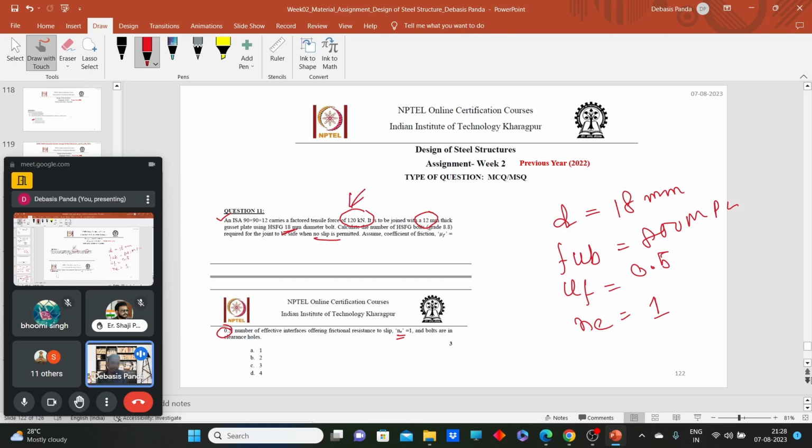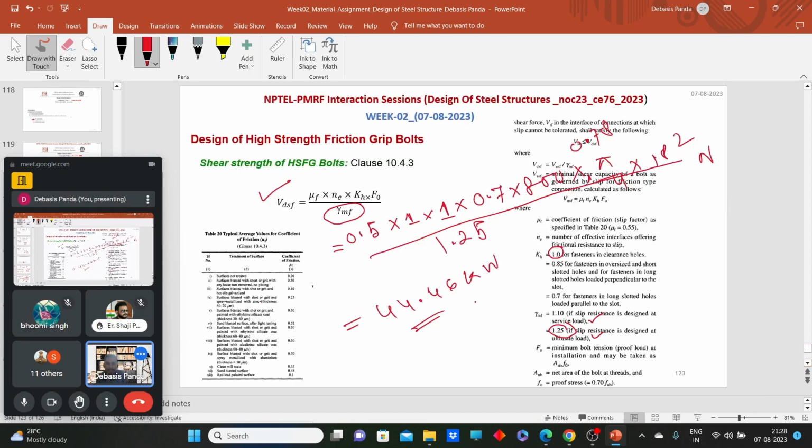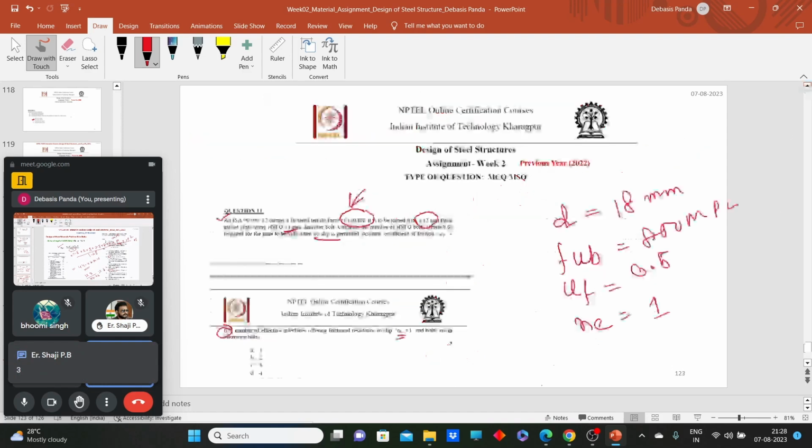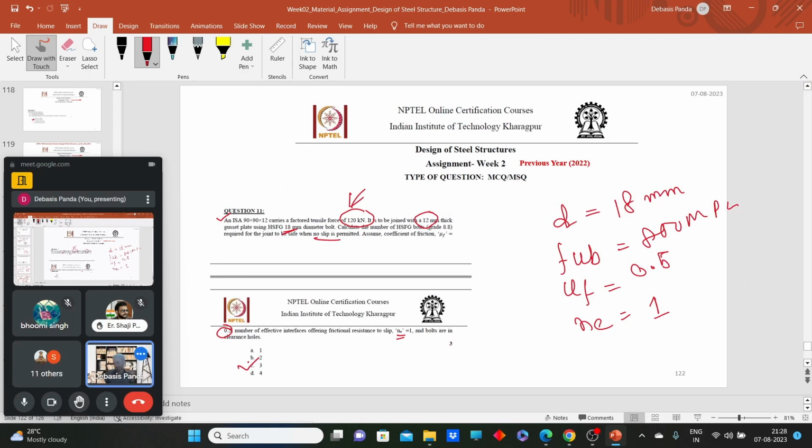So one bolt can carry 44.46 kilonewton of load. So how many bolts are required for transferring this load? 120 divided by 44.46. So nearly that comes as 2 point something. So 3. Do we have the option 3? Yes. So by this way we can calculate the number of bolts.